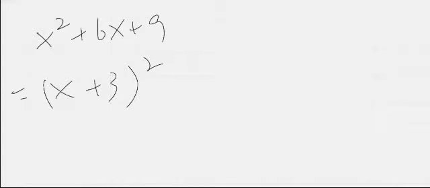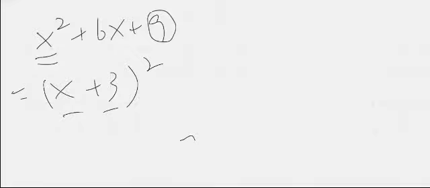The reason why it is in this form is because the third term is a square of a number, and the first one is also a square. And the second term is basically the combination of these two terms' roots multiplied by 2. So this will become (x plus 3) squared.